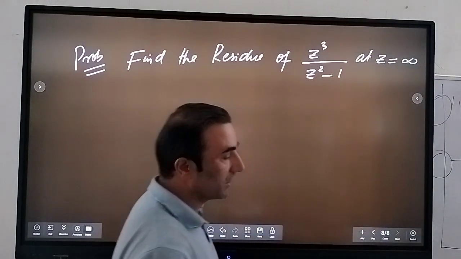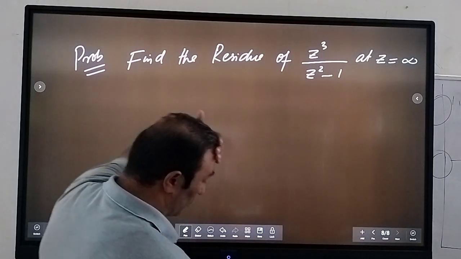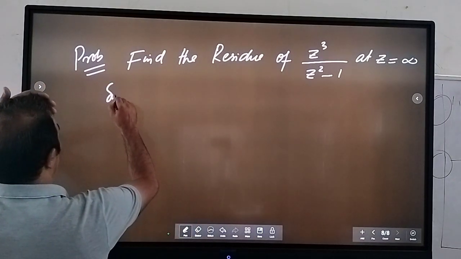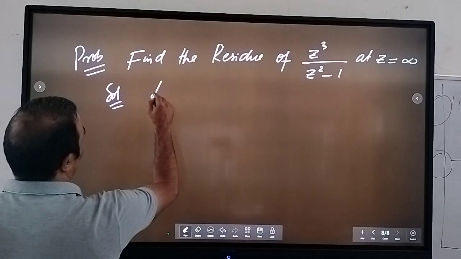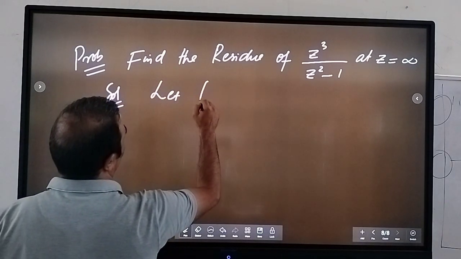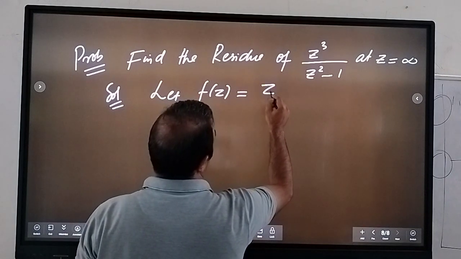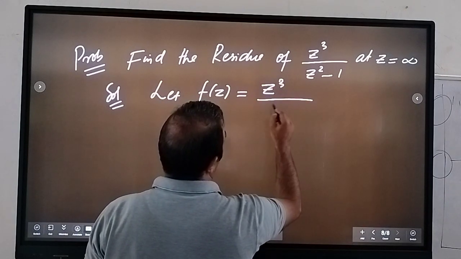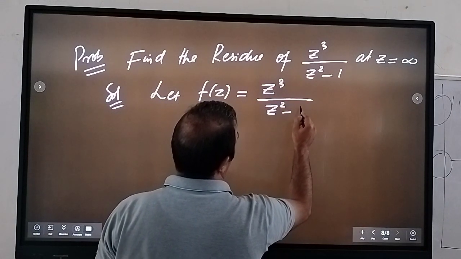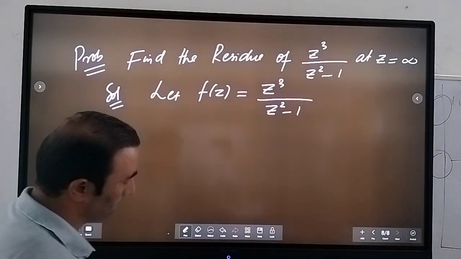So we need to find its residue at infinity, right? So how can you solve this? First you can write, let f of z be z cube upon z square minus 1.